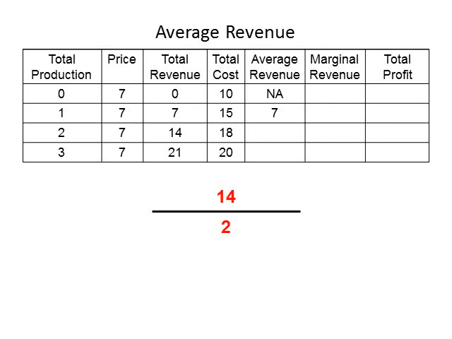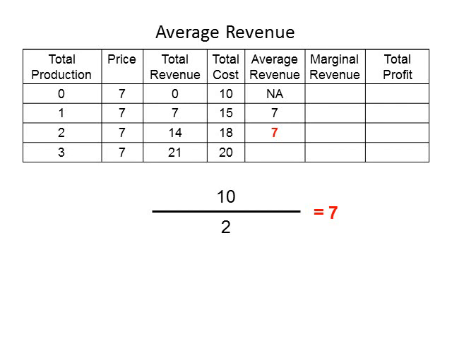The next step is to divide the total revenue, in this case 14, by the total production, which is 2, giving 7. Pause the video and see if you can complete the next step. The final step in the process is to transfer the 7 onto the table.